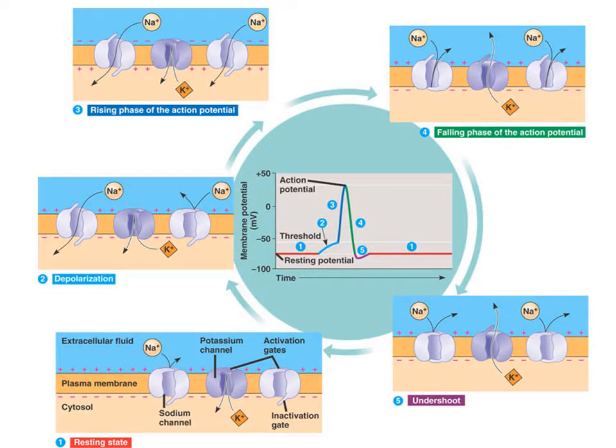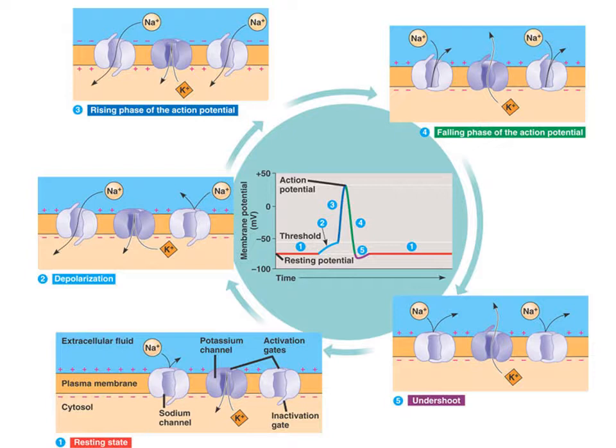This is showing you how that action potential moves. The way the action potential moves down the neuron is nothing more than opening and closing doors. The doors in question are going to allow sodium to continue to go out or to stop sodium from coming out.